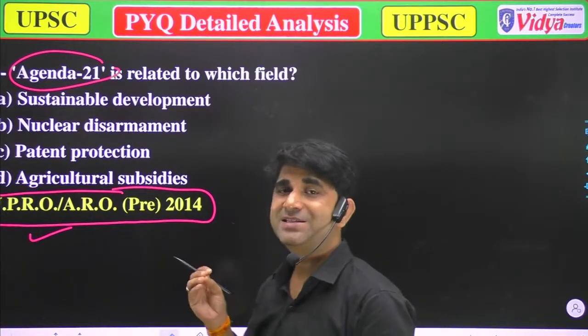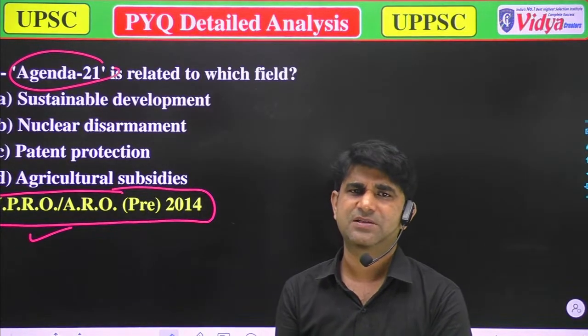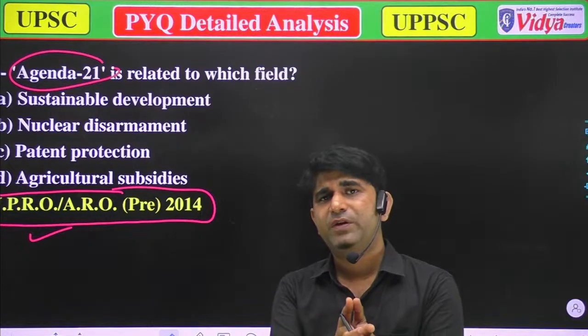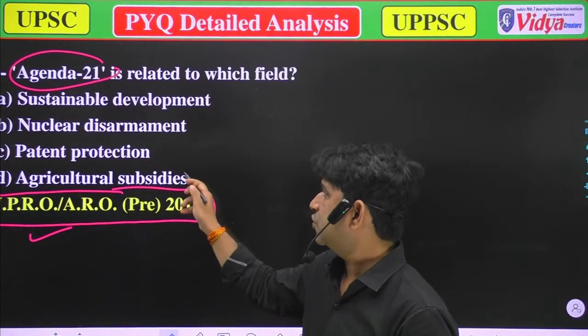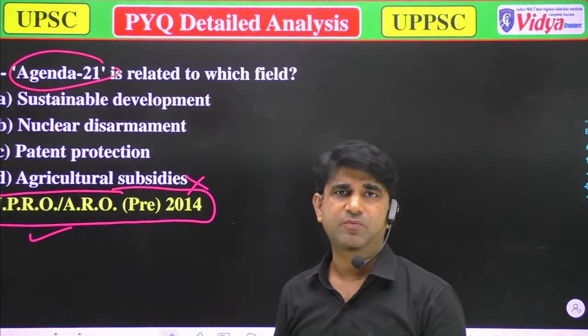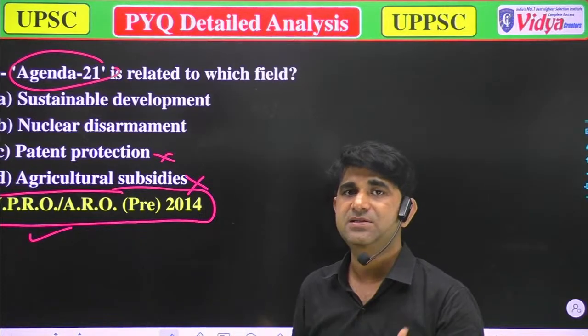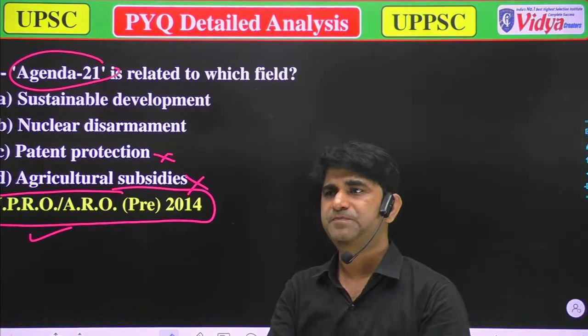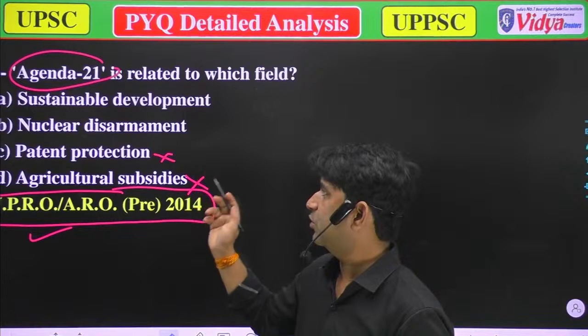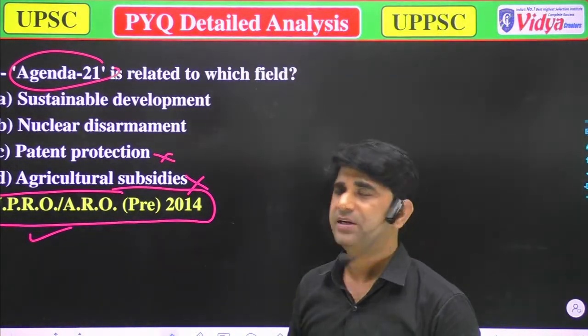Is there any need for agriculture subsidies that we would make an agenda for that? It's impossible, so we can eliminate it. Next is patent protection. It's also not possible that we can make an agenda for patent protection, because an agenda is only talking about social things. Third is nuclear disarmament. It's also not possible.